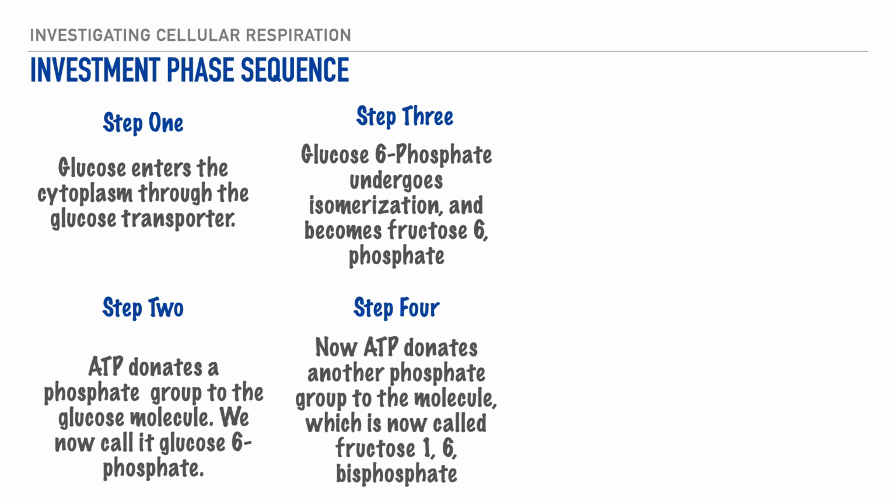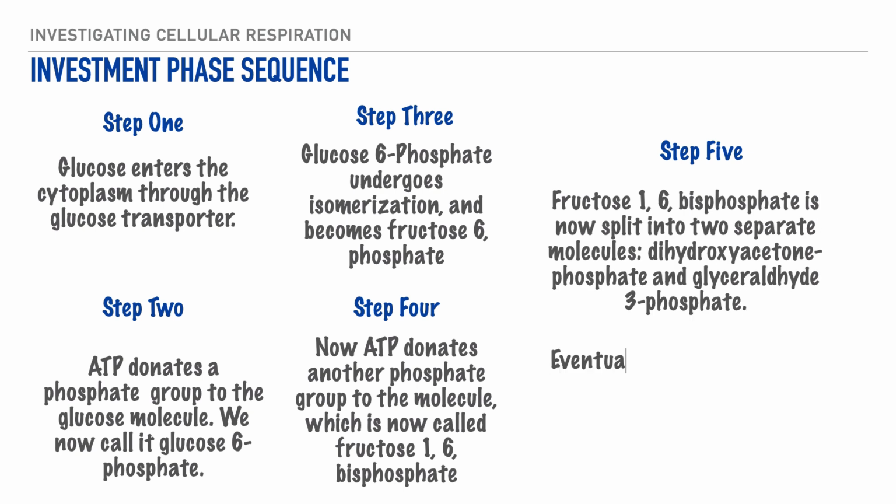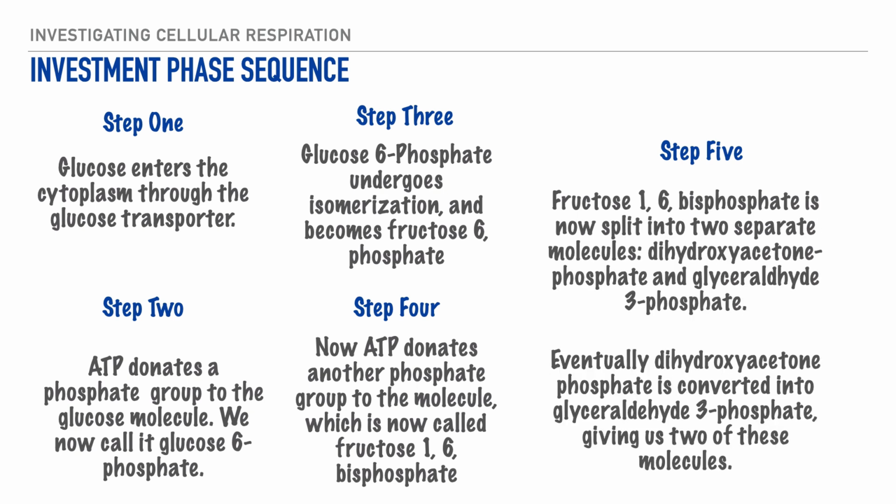Fourthly, another molecule of ATP donates a phosphate group to the molecule, and we refer to this structure now as fructose 1,6-bisphosphate.